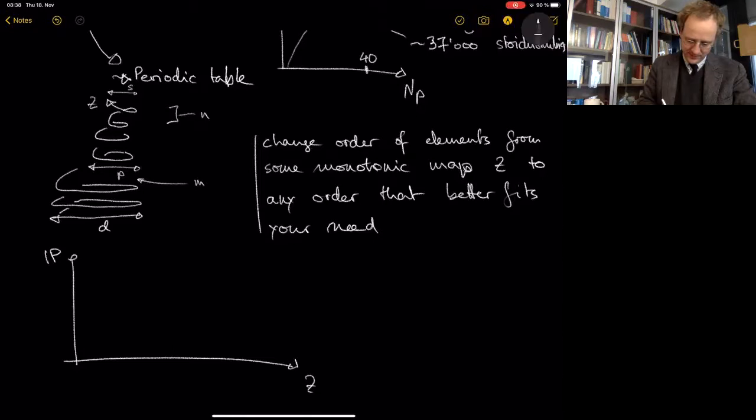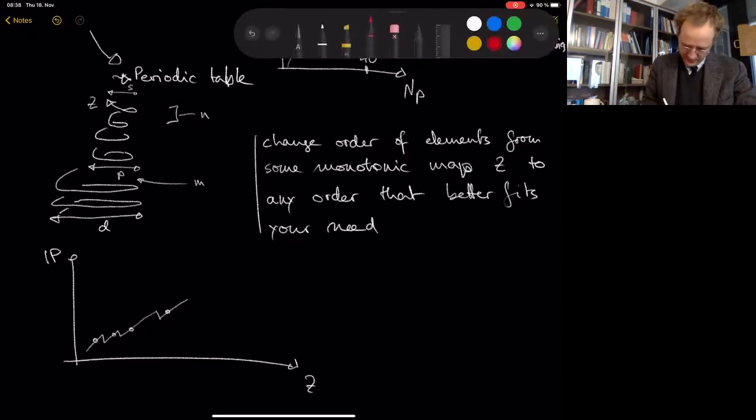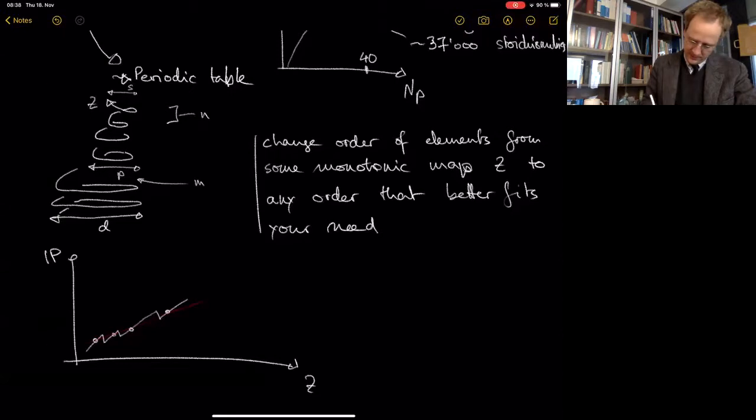Right, so you have this kind of periodic behavior where, within a given column, you might then observe smooth behavior along the column.